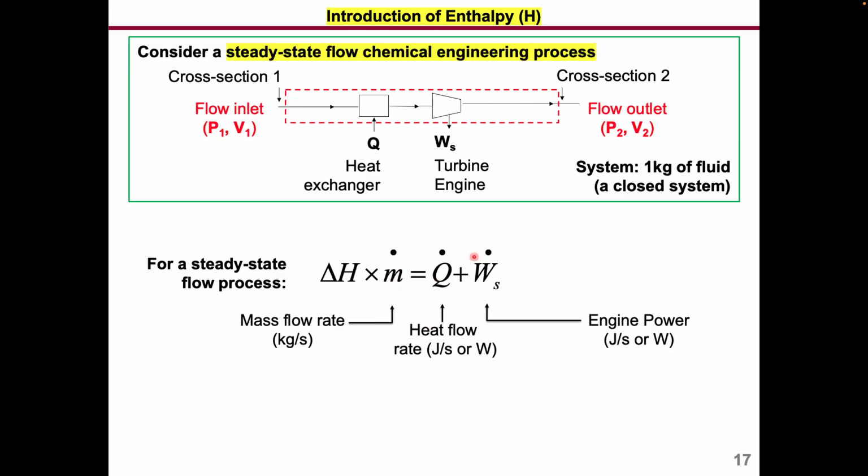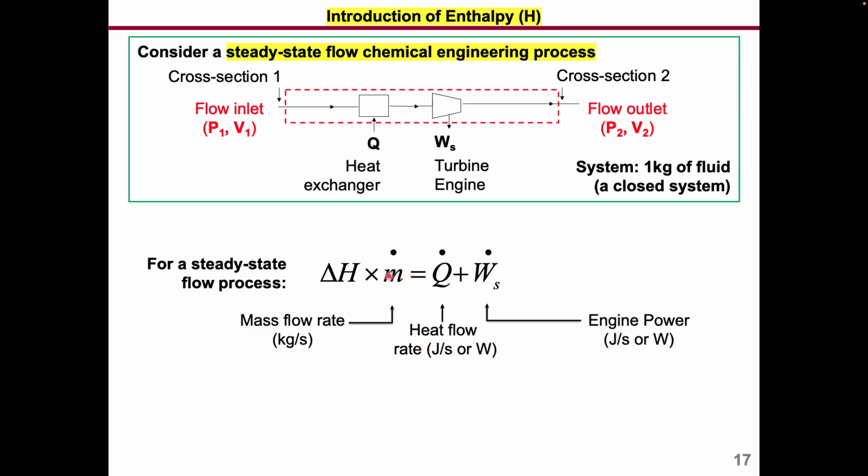And then usually if your heat exchanger and turbine are operating at a specific rate, then you will have a specific heat flow rate Q, with a dot on top, or shaft engine power, at a specific rate, so watts or joules per second.